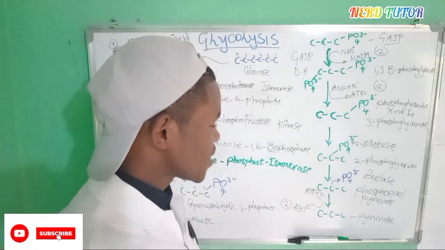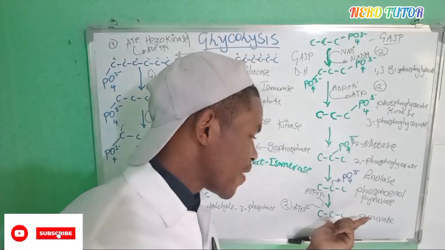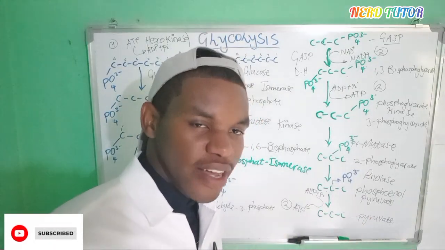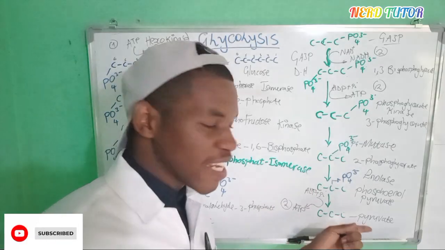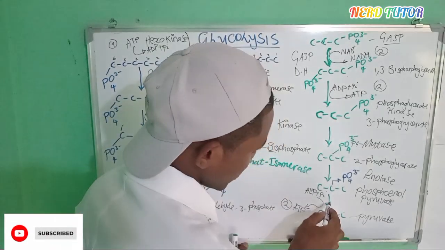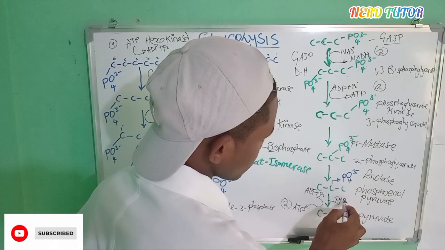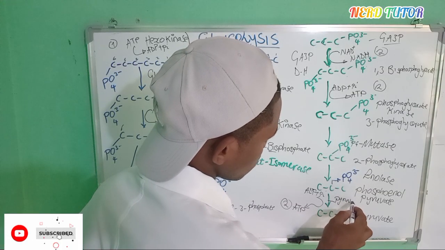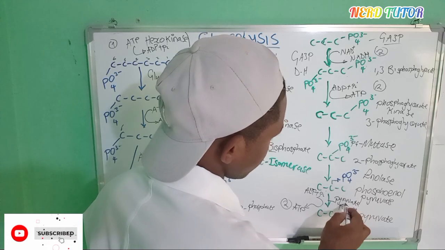The moment you see that the phosphate has been lost, and this is a high energy donor, in short, that will be a kinase. But what type of kinase? Pyruvate kinase. So the enzyme working here is pyruvate kinase.